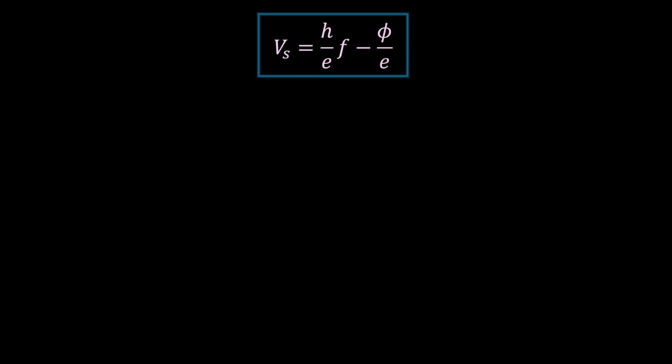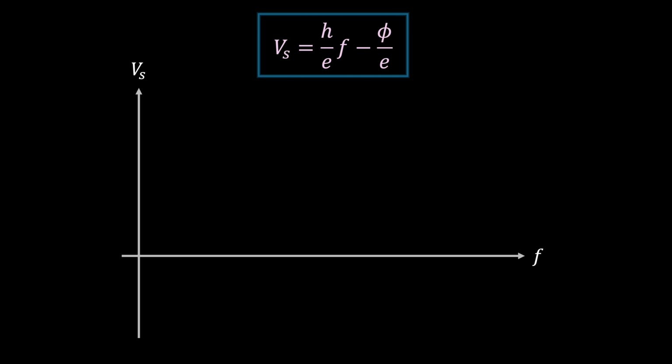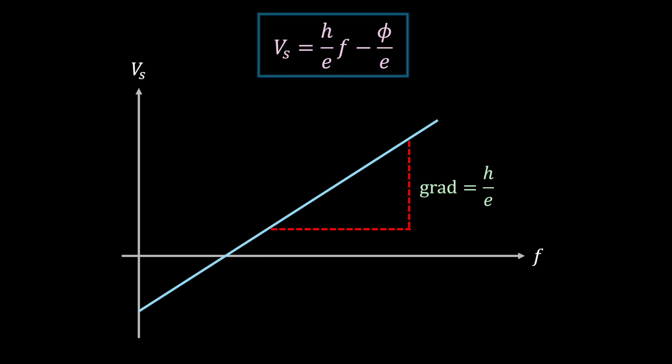More specifically, if you vary the frequency of the incident radiation and measure the stopping potential at each frequency, and then plot Vs against f, the result should be a straight line with a gradient equal to h over e, and an intercept from which the work function of the material can be determined.